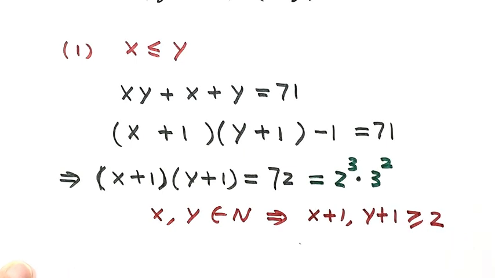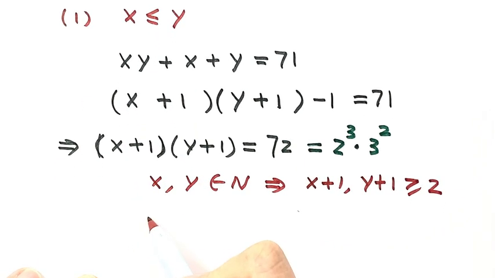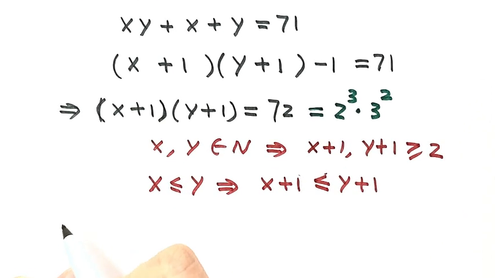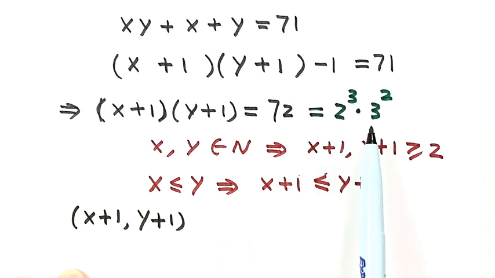Because we consider the first case x ≤ y, adding 1 to both sides we have x + 1 ≤ y + 1. So now we can consider how many possible sets for x + 1, y + 1 satisfy the prime factorization and the two conditions.